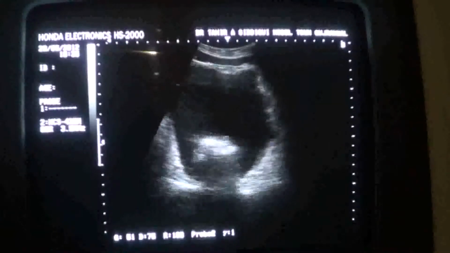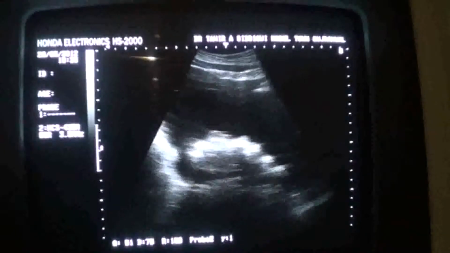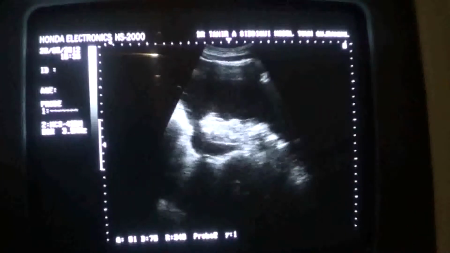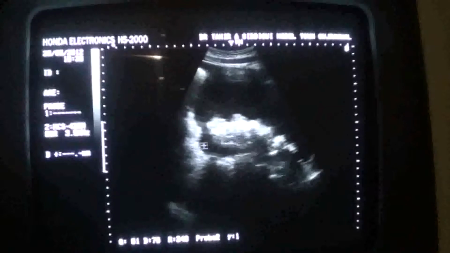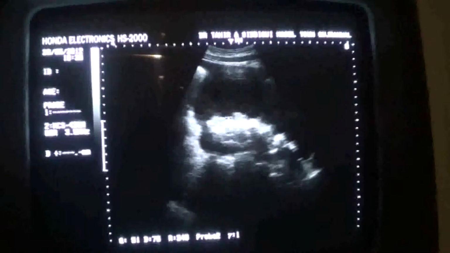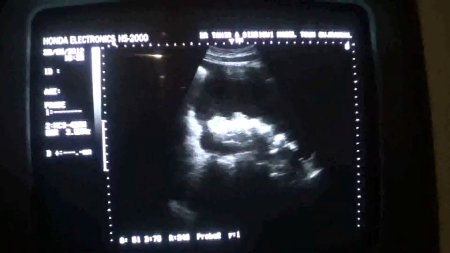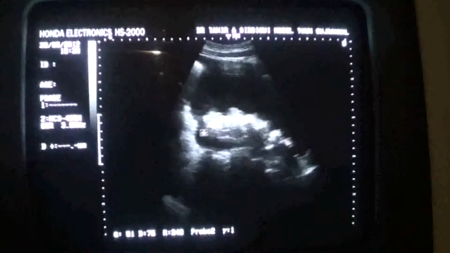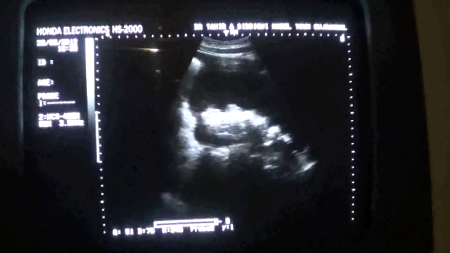So this is the transverse section, and this is the longitudinal section of the urinary bladder, in which you see a lot of echoes. This is the boundary of the urinary bladder, and these echogenic areas are suggestive of clot formation within the urinary bladder.